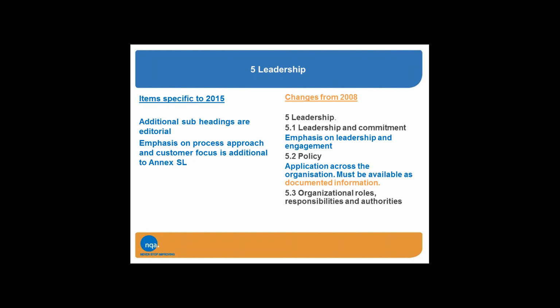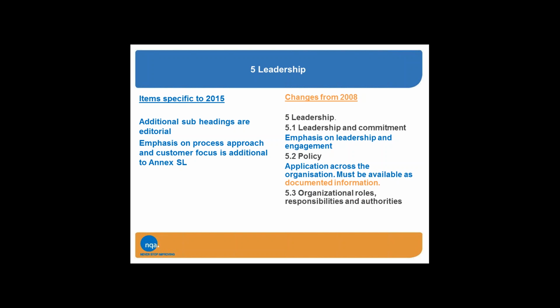And the requirements around the policy, in this case the quality policy, have been enhanced, particularly in relation to leaders' involvement in driving the policy, developing the policy, communicating the policy. The policy must apply across the organisation, and it must be available as documented information.